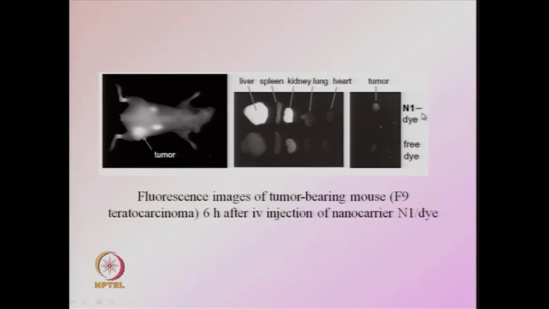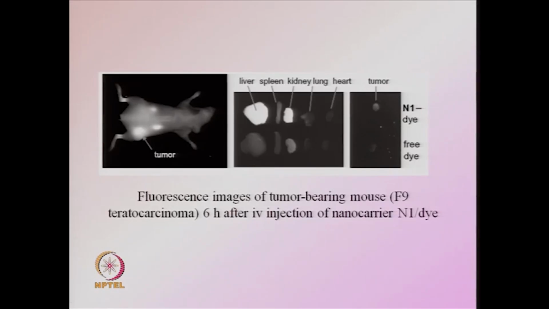Since the dye is going there, the drug will also go there, and you can target the tumor cell. This is in mice in the laboratory, where you can target the nano carrier along with the dye and the drug, and you can kill the tumor cells specifically.